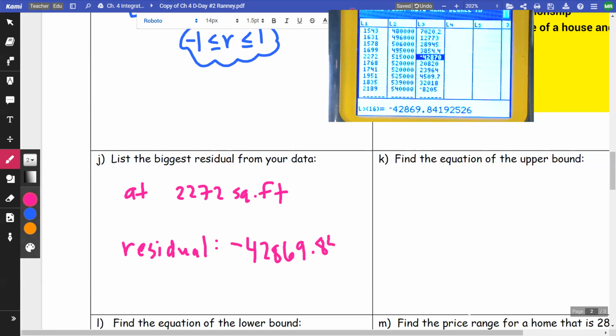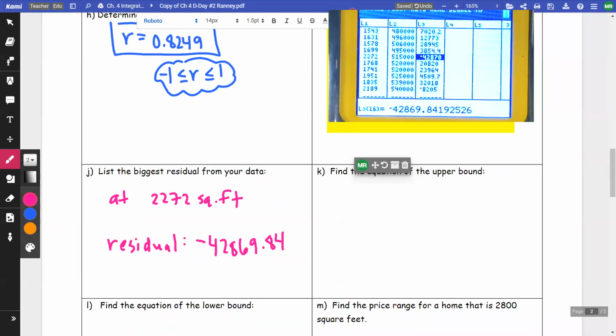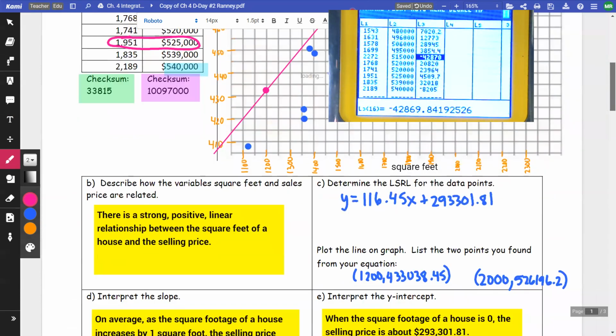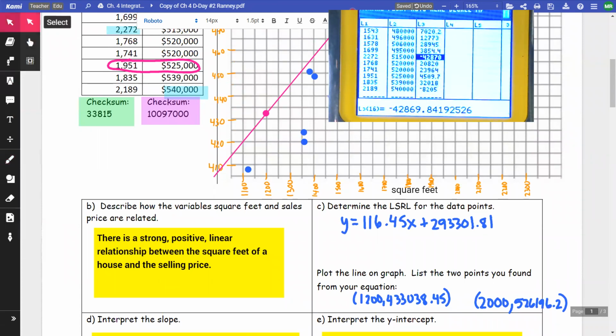I'll go to 2 numbers after decimal accuracy. So what I'm going to do is take this residual, take the absolute value of it, which basically means a positive 42,869.84, and I'm going to add it on to and take it off of this equation.